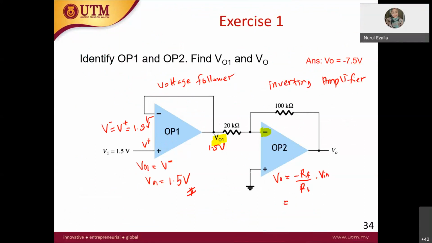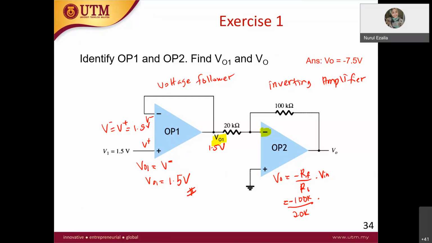What is RF here? 100K ohm, the feedback resistor. What is R1? 20K ohm. Don't forget the negative, times V in.